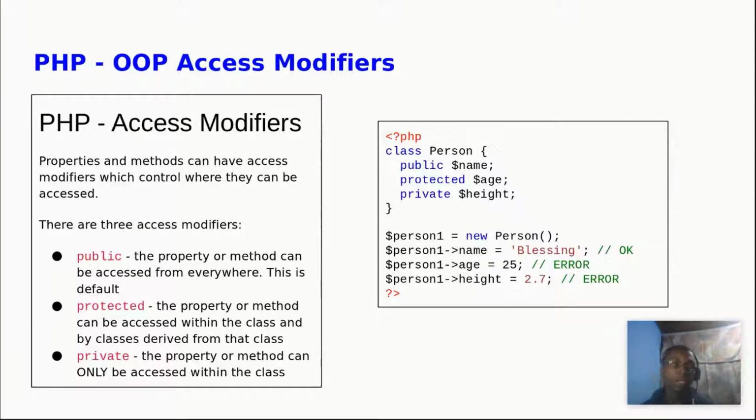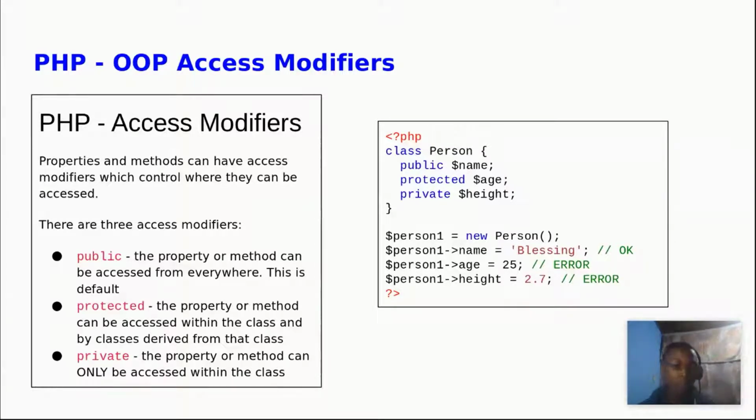The public property or method can be accessed from everywhere, within the class or outside of it. So if we make a property or method of the person class public, even outside that class, when we instantiate it, we can access that property and method.